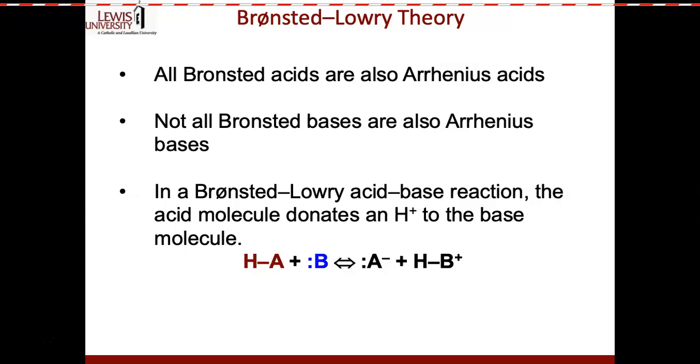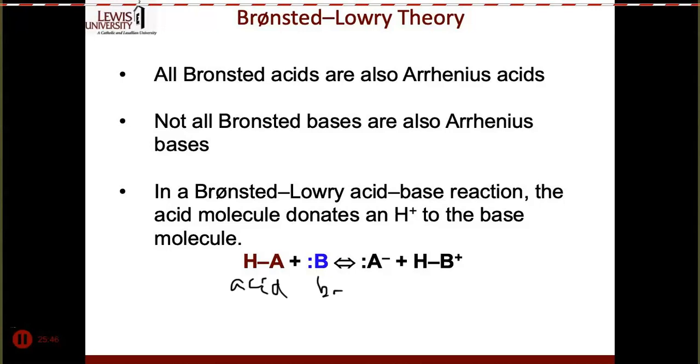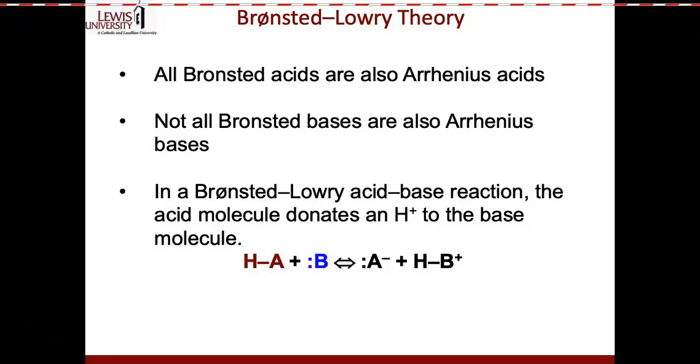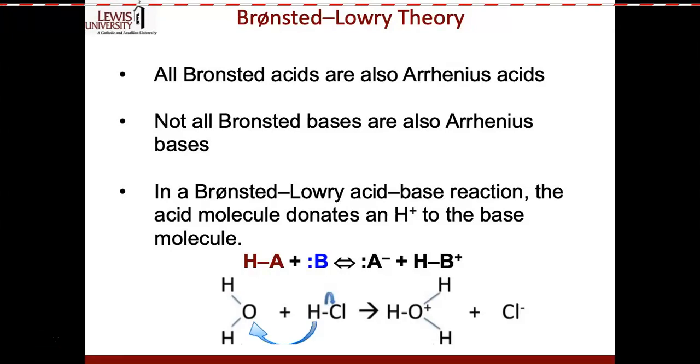And if we think about a Bronsted-Lowry acid-base reaction, well, we have an acid of some sort, which I've labeled as HA here. So this is our acid, okay, and B, that is our base. And what happens is we make A minus and HB plus. So we could look at the reaction of water with HCl, which we just looked at, and we say, okay, what's acting as the acid or base?